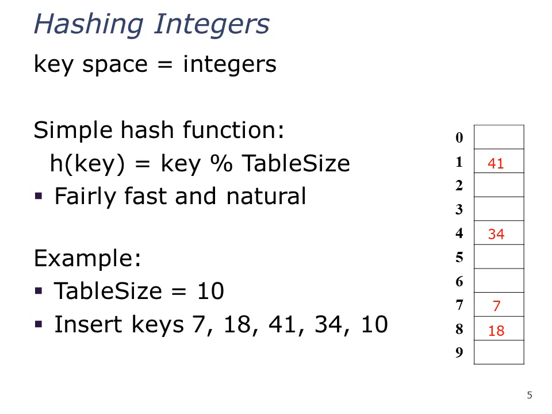And the last record is 10. 10 mod 10 is 0. It means at home address 0, we will place the key 10. So this is how a simple hashing function works. We have considered a very simple hashing function, key mod table size.